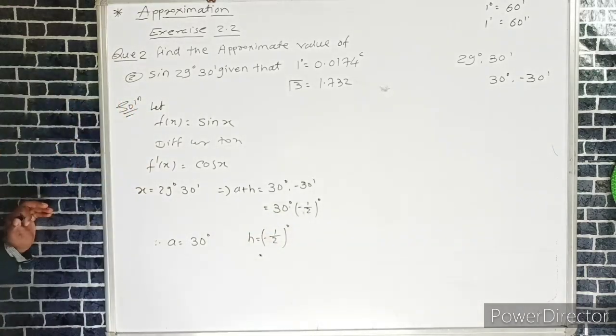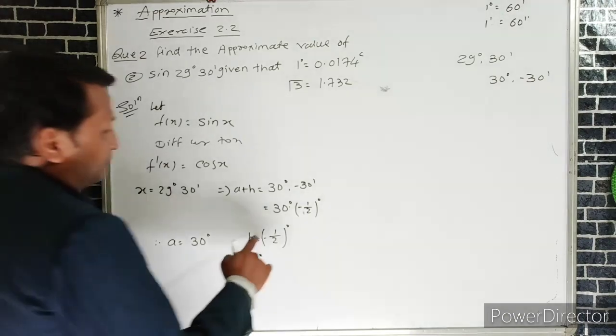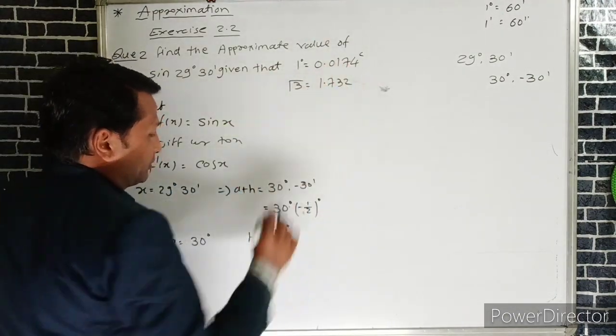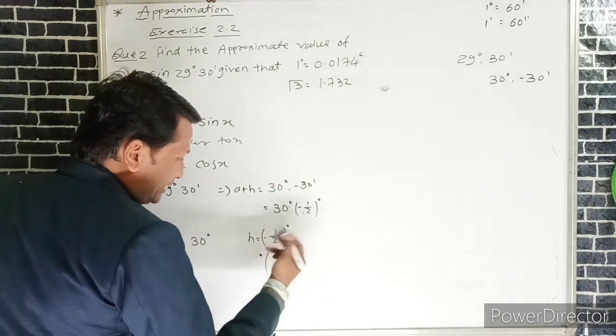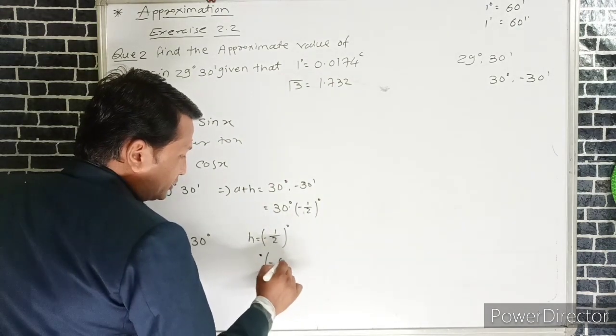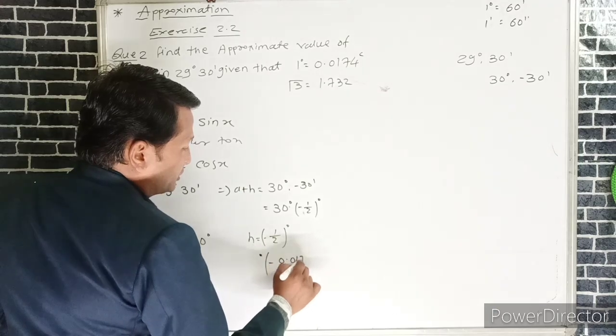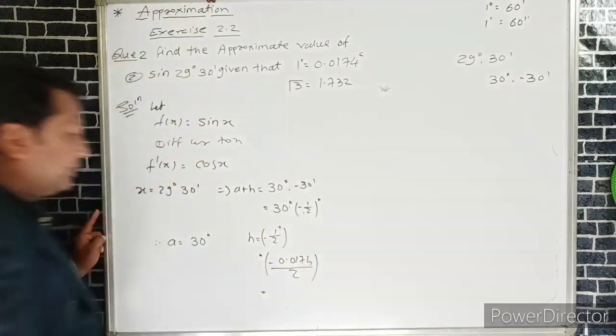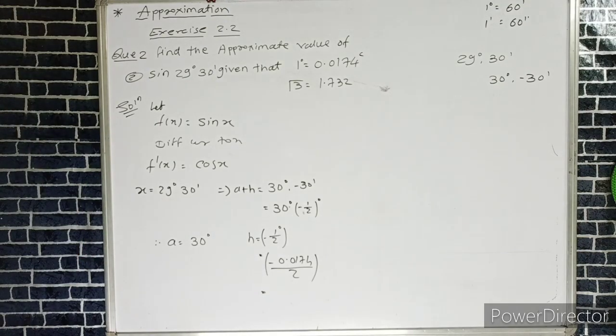The value of 1 degree is also given, which is 0.0174 radian, so h is minus 0.0174 upon 2. If we divide, the value of 0.0174 upon 2 is 0.00875.